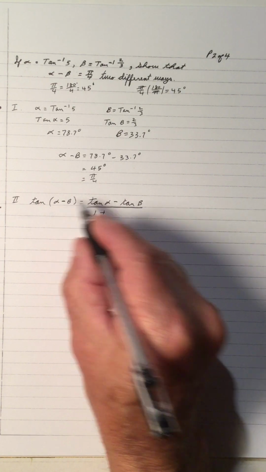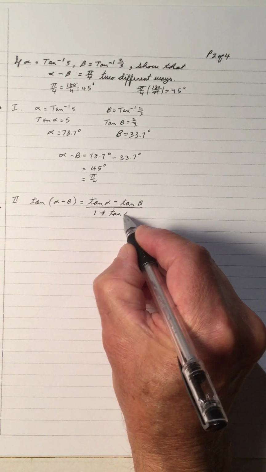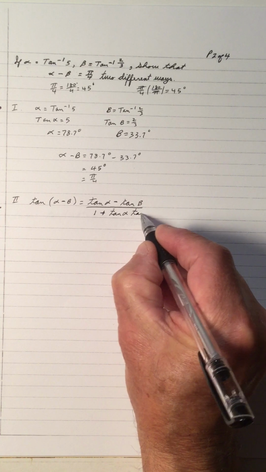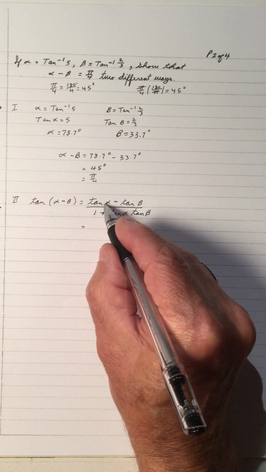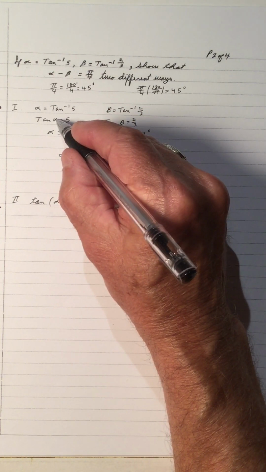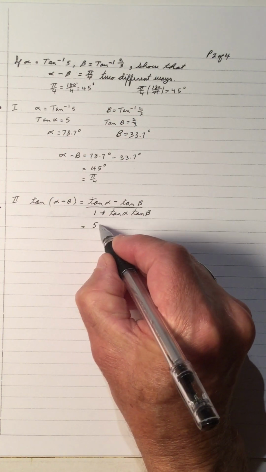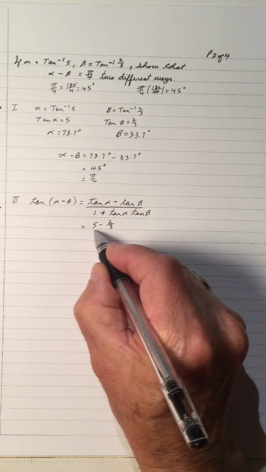So this is a negative, this is a positive. The tan of alpha is 5. The tan of beta is 2/3.